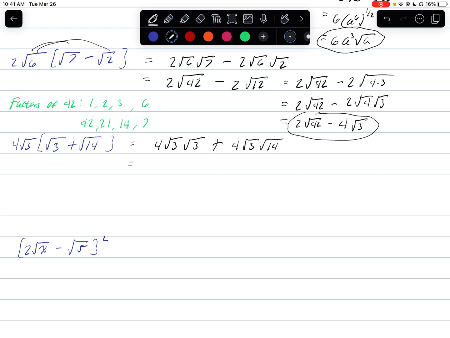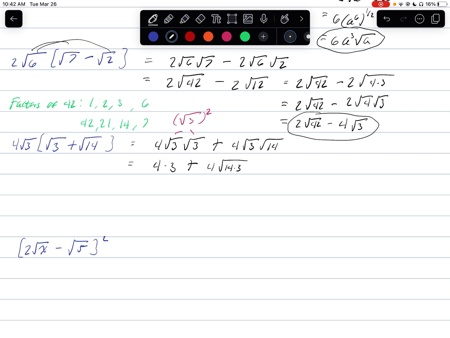Okay, so let's do some simplifying. What we'll notice right away is that these two here, square root of 3 times the square root of 3, this is actually the square root of 3 squared, which means we can just undo that square root, and that becomes 4 times 3. And then the square root of 14 times the square root of 3, we can write that as the square root of 14 times 3, or 3 times 14, either way.